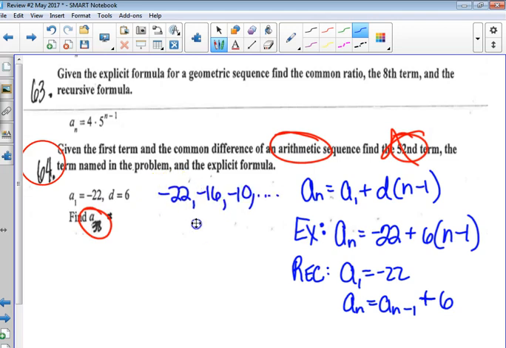To write out a few terms so it made more sense to you, that's fine. All right, how do you find the 38th term? Negative 22 plus 6, 37 times, right? 38 minus 1. We're putting in 38 here. I got 200.